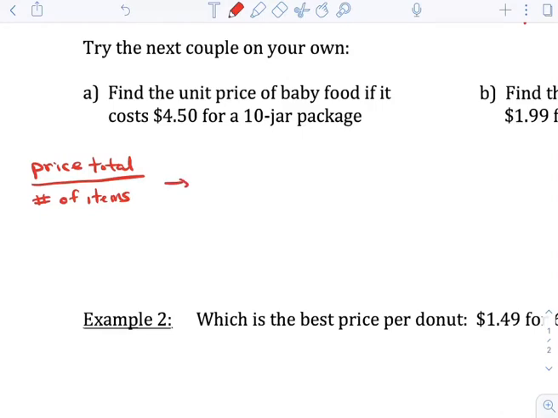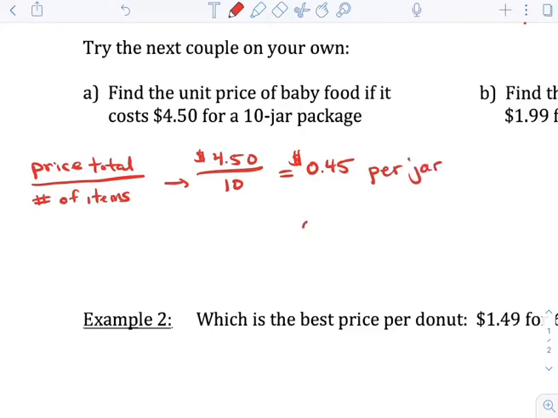So the price total in this case is $4.50 on the top. Price is always going to be on top. Number of items is always going to be on the bottom, 10. And when I put that into my calculator, I get 0.45, which means 45 cents per jar.